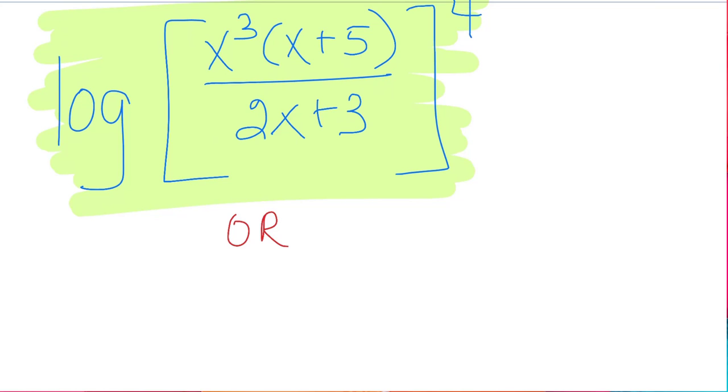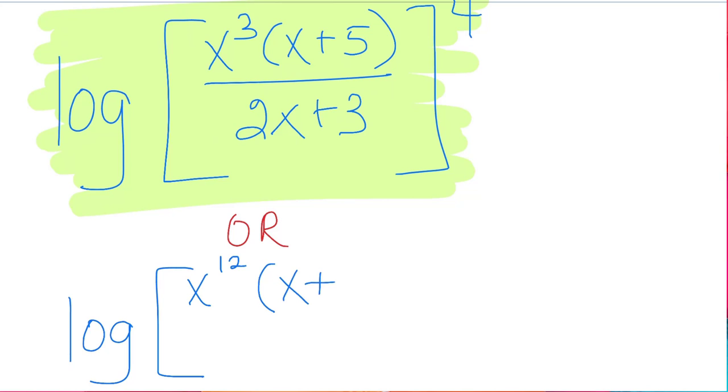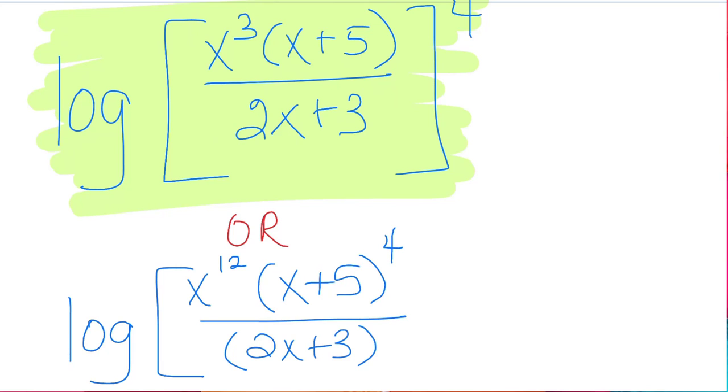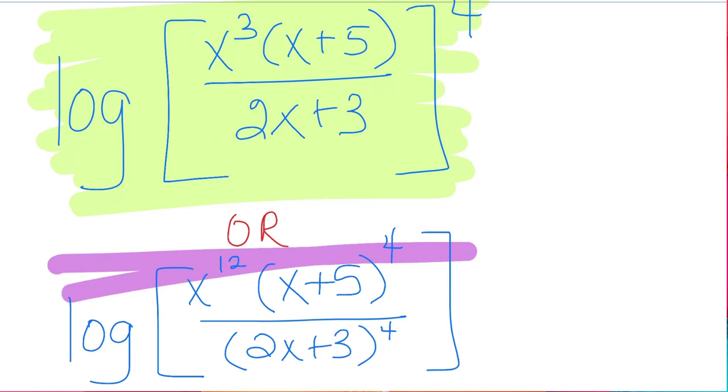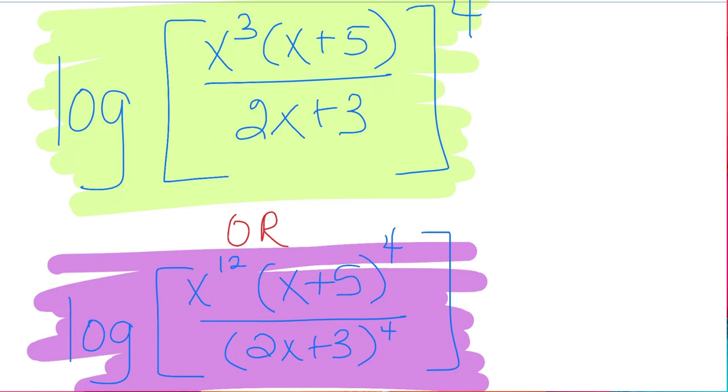We could say log of x to the, and you could multiply 4 times 3 and get 12, x to the 12th, times x plus 5, so this 4th power applies to it too, divided by 2x plus 3, and that 4 applies to it as well. So just apply the 4 to every factor here. So you could also write the answer that way. So 2 different ways that you could write that answer.